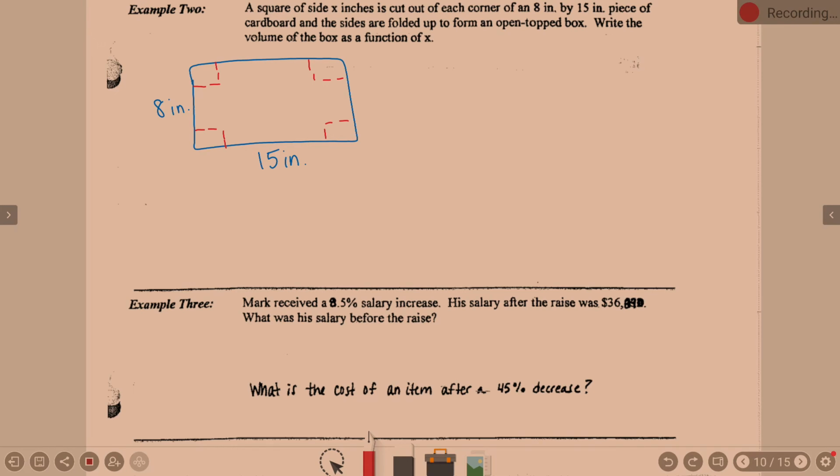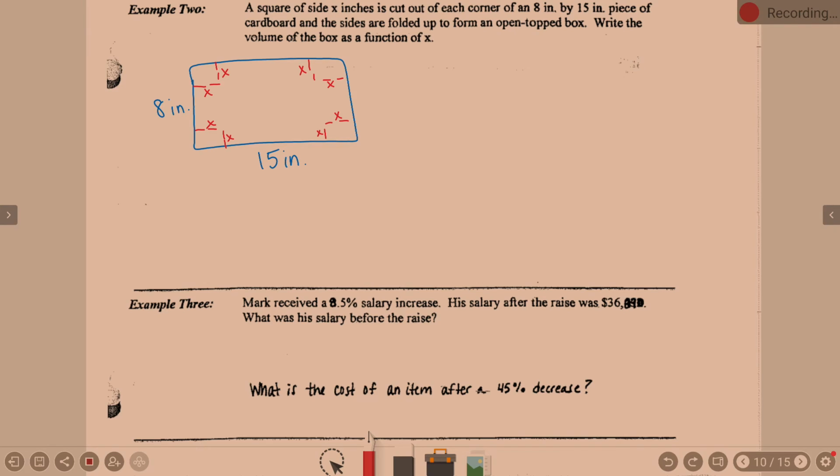And what do we know about each of these squares? X inches. If a square is x inches on one side, it is x inches on the other side, right? So each of these squares being cut out is x by x long, x by x wide, however you want me to say that.